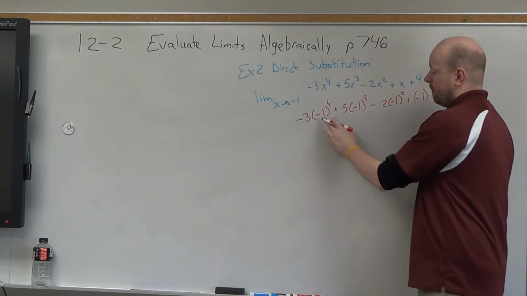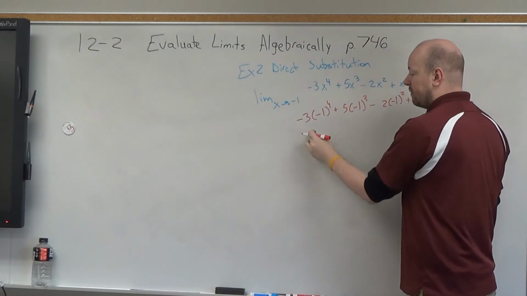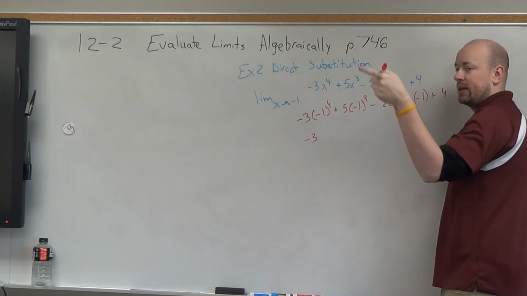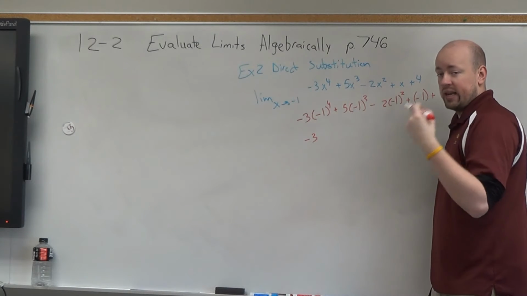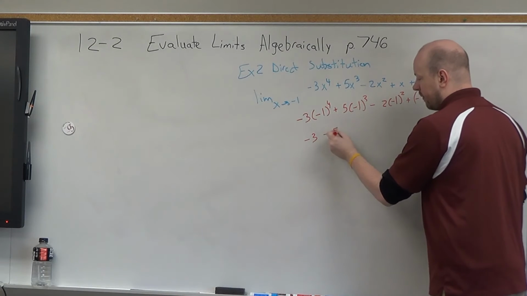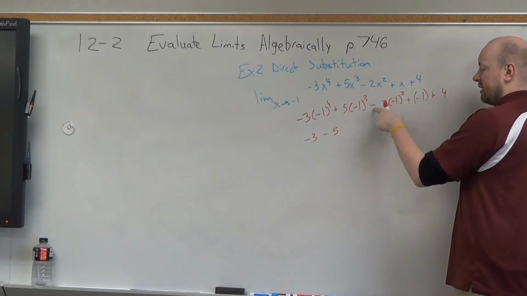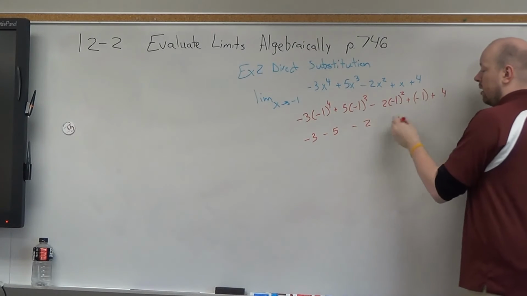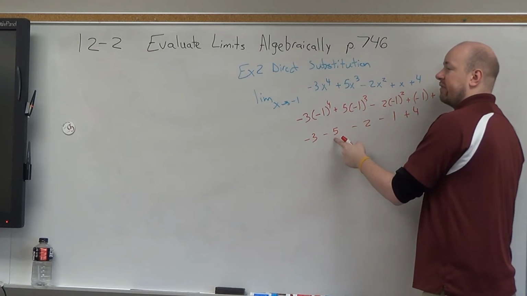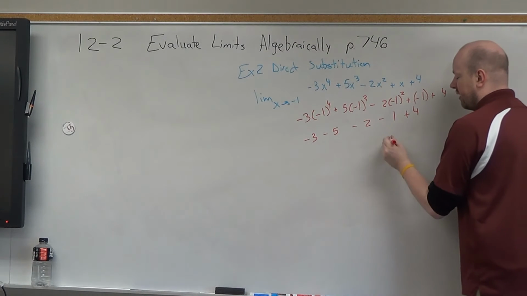Well, -1 to the power of 4 is +1, times -3 gives me -3. -1 cubed would be -1 times -1 times -1, so I would get -1 overall, times 5, so -5. -1 squared would be +1 times 2, but it's a -2, so I get -2 again. Then -1 plus 4. -3 minus 5 is -8, -10, -11, plus 4 would be -7.